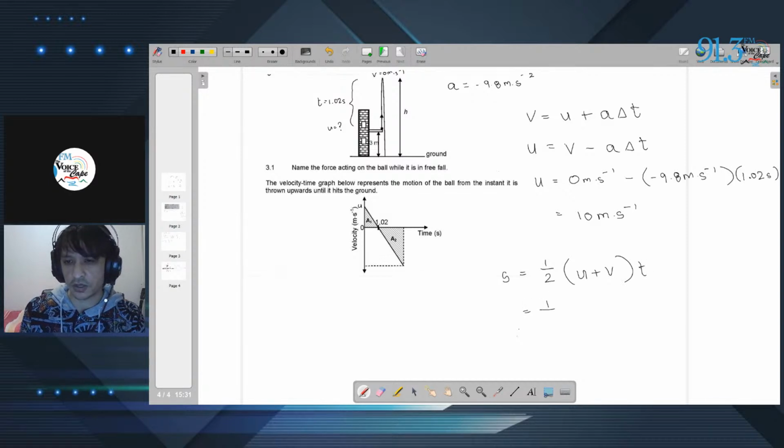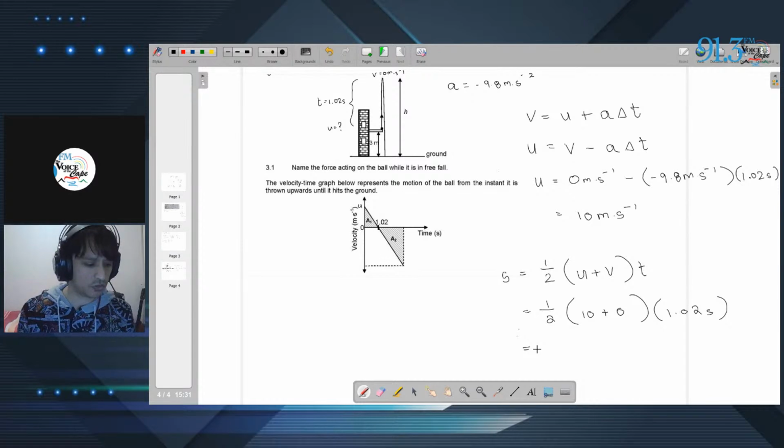This is going to make more sense. Our initial velocity is 10. Our final was 0 at the maximum height. We did get 1.02 seconds. Then we get 10 times 1.02, which is 10.2, times a half. And that gives us an answer of 5.1 meters for the maximum height. That makes a lot more sense.